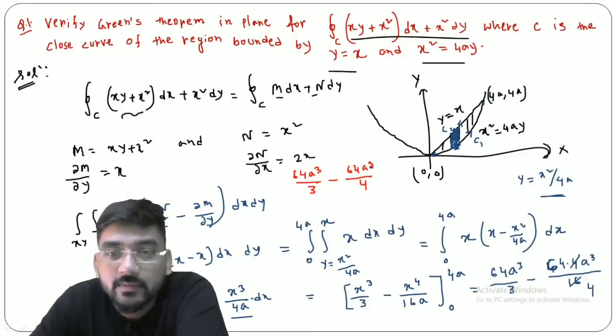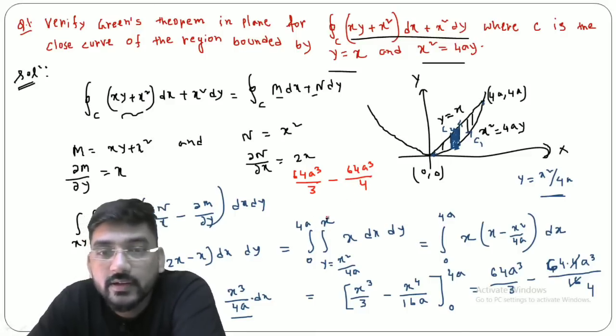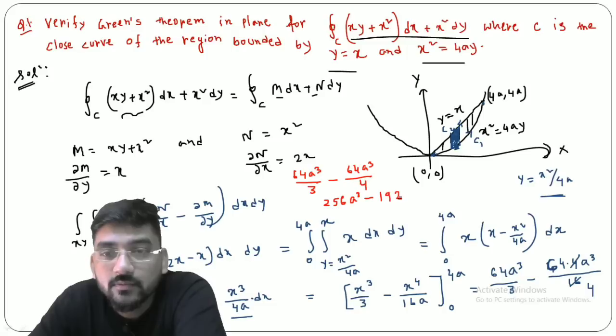If you solve this, you will get 4 into 64, that means 4 into 4 is 16, and 4 into 64 is 256a cube, minus 3 into 64, that is 192a cube, divided by 12.